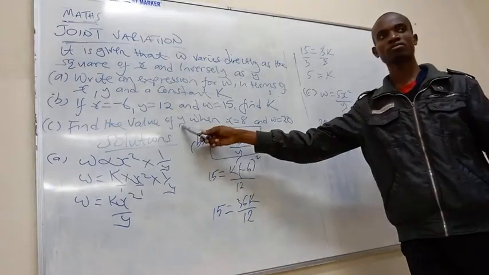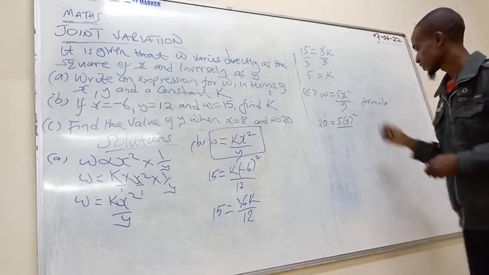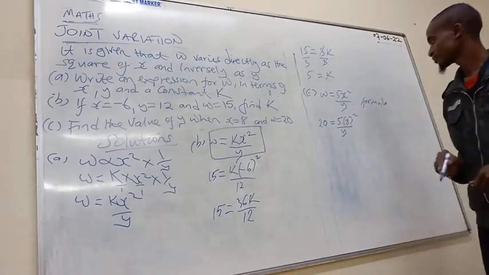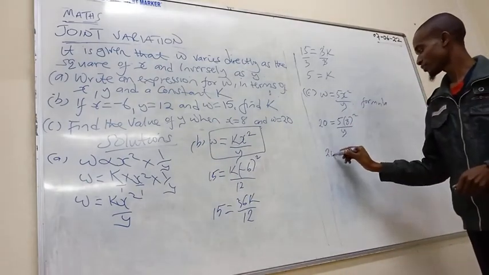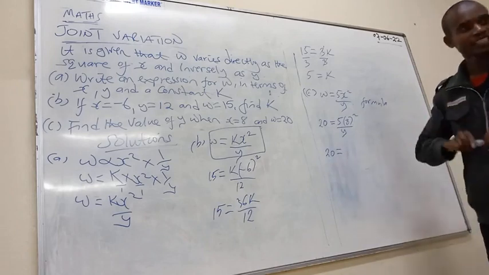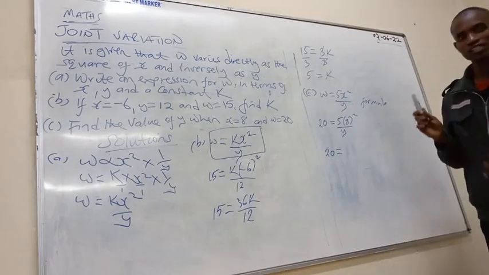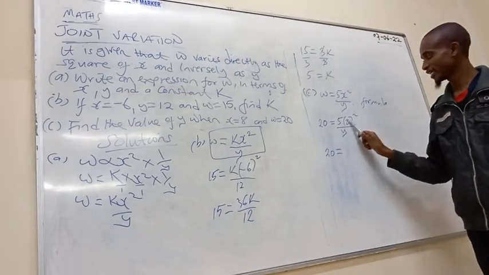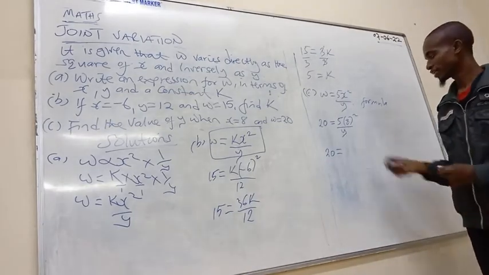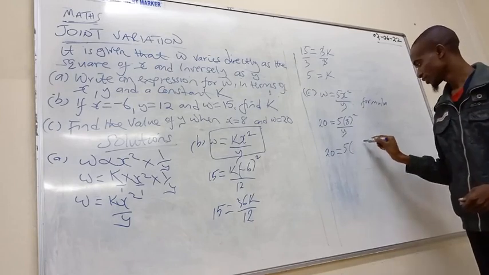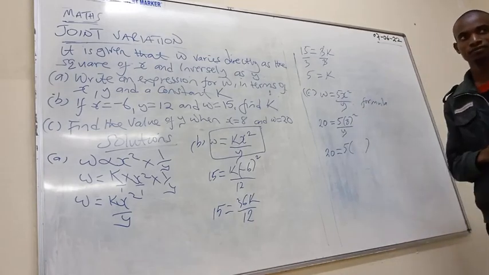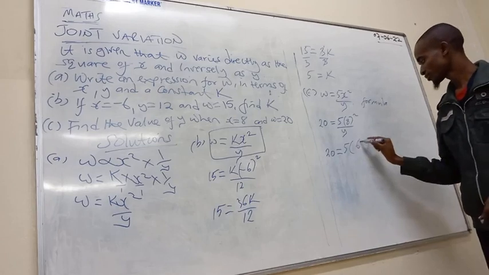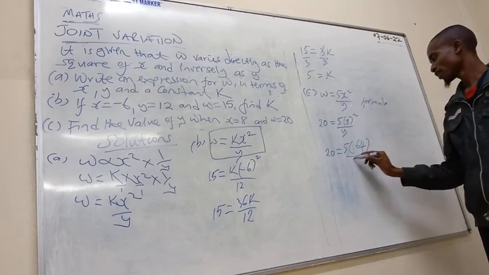So it is just y. Next step. Don't rush into multiplying. Don't do 5 times 8. First of all, deal with 8 and the power. So what's 8 squared? 64, over y.